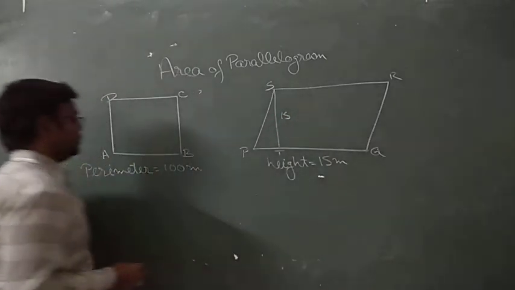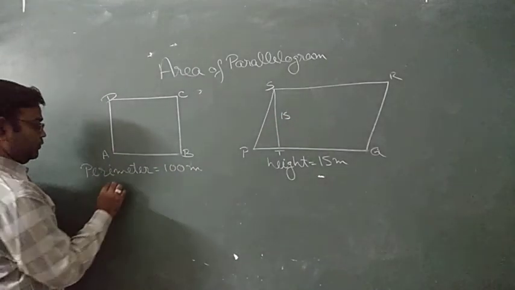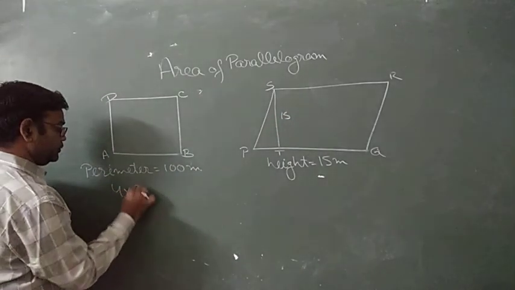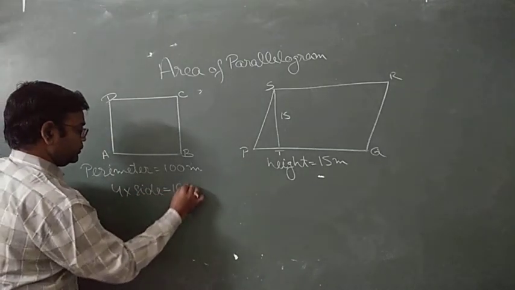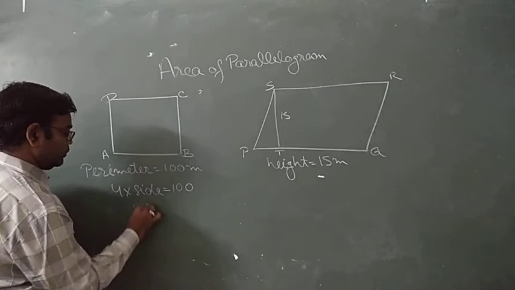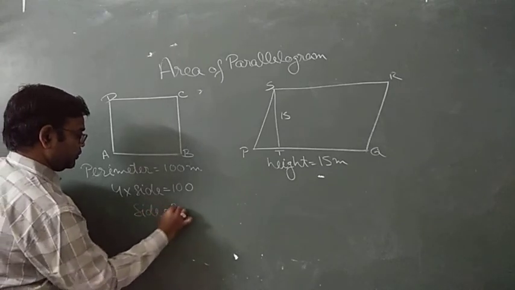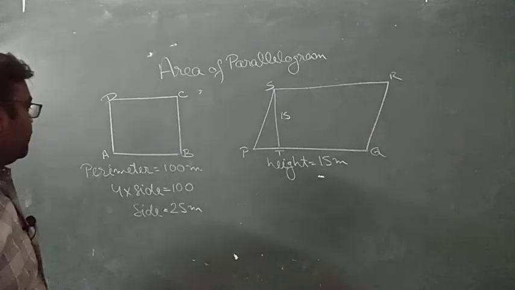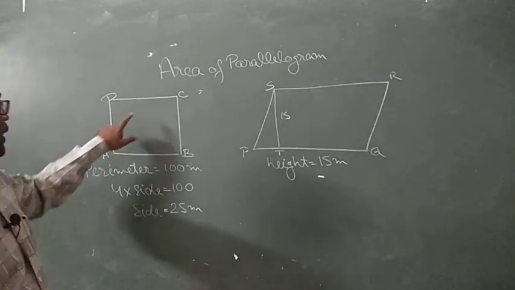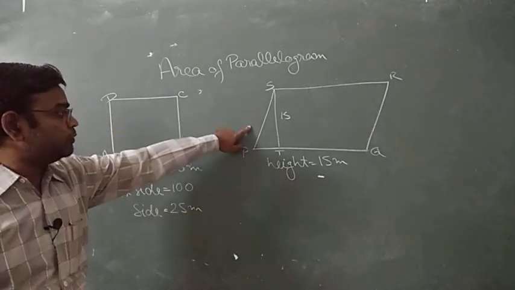Areas are equal. So from this we can find out 4 into side equals 100, side equals 25 meters. As we know that the area of the square is equal to the area of this one.